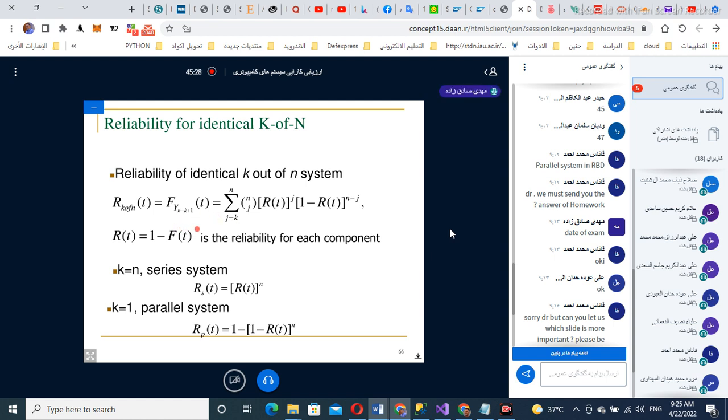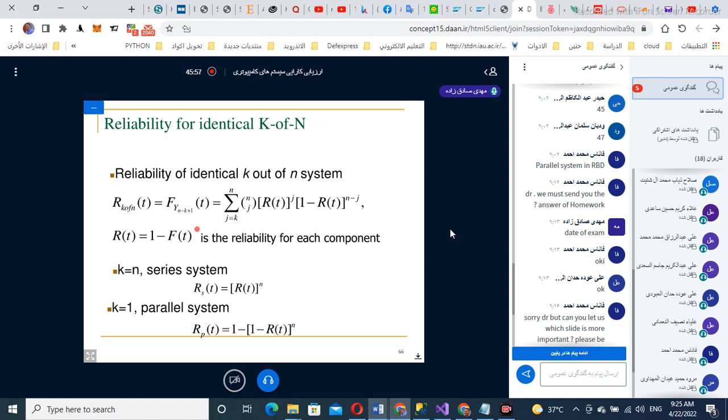R(t), that is 1 minus failure F(t), is the reliability for each component. K equal n, that is a series system, reliability of series system, that is R(t) exponent n. And K equal 1 in this formula is for parallel system, j equal 1 to n. If k equal n, that is n to n, R(t) exponent n, (1 minus R(t)) exponent n minus n, that is 0.